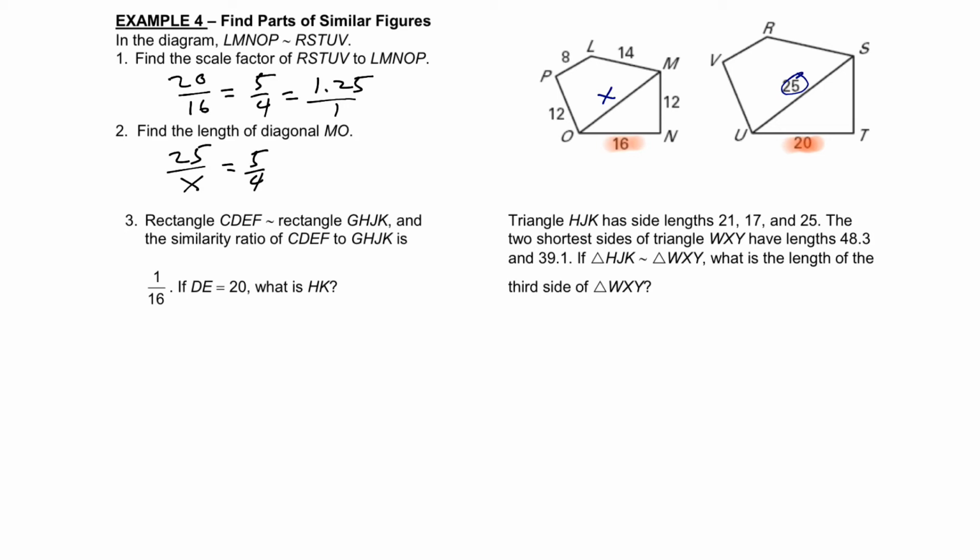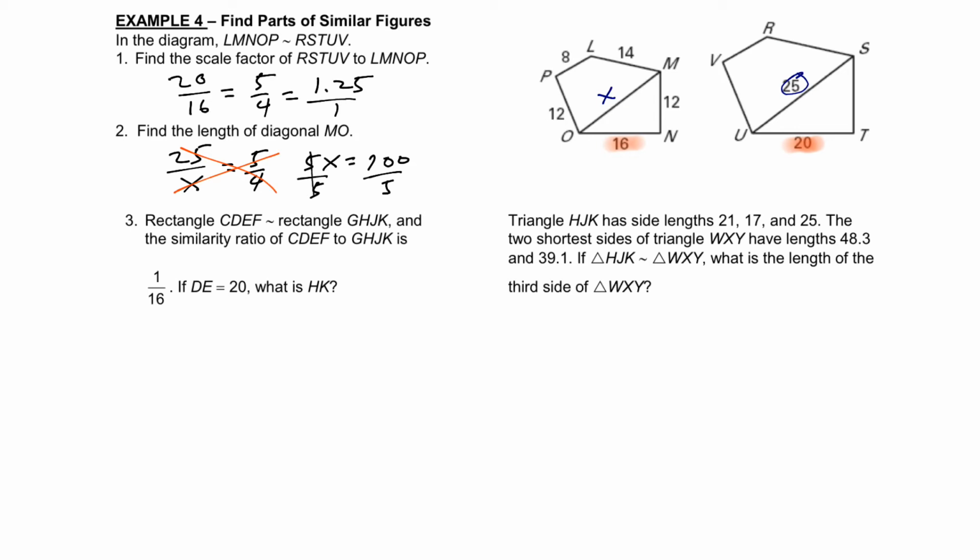Then we're going to just do our cross products again. So X times 5 has to equal 25 times 4. X times 5 gives us 5X, and we set that equal to our other cross product of 25 times 4, which is 100. Then we divide both sides by 5.